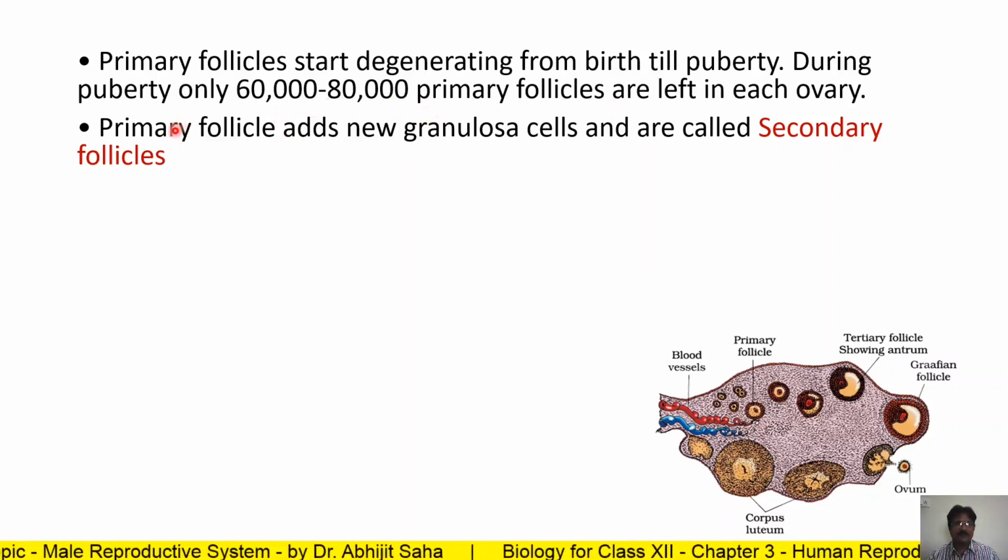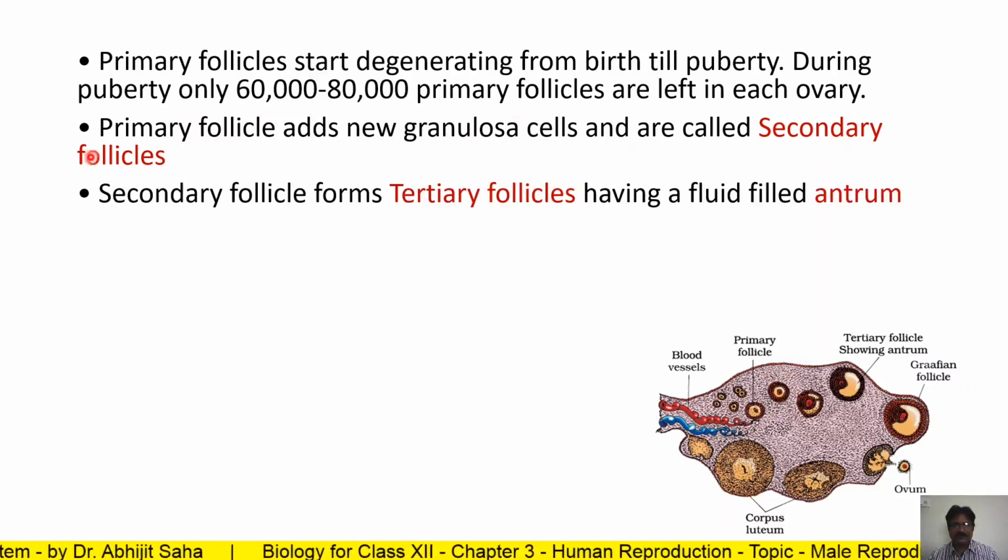Now, the primary follicle starts adding new granulosa cells, and they form the secondary follicles. These secondary follicles then grow into the tertiary follicle, which you can identify by seeing this fluid-filled structure called the antrum.